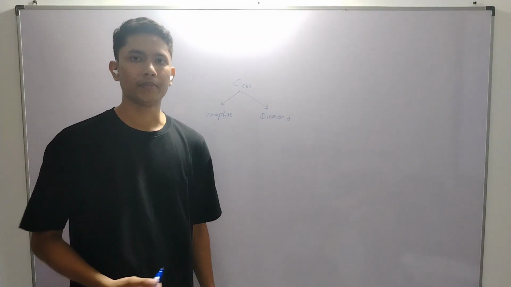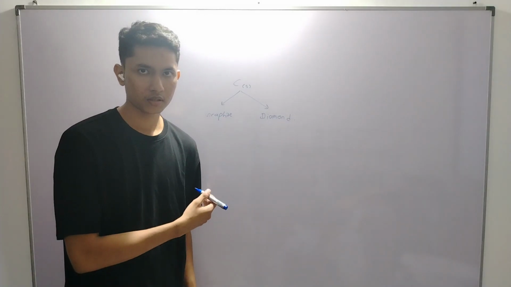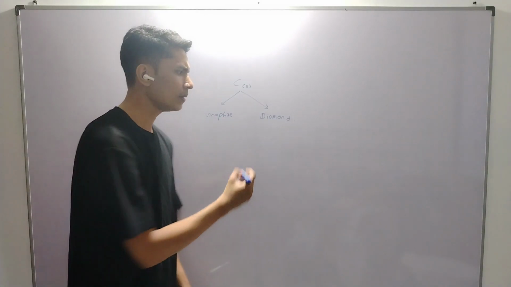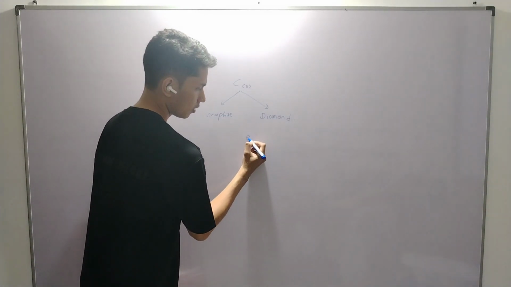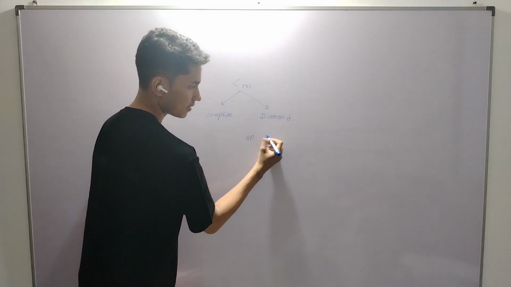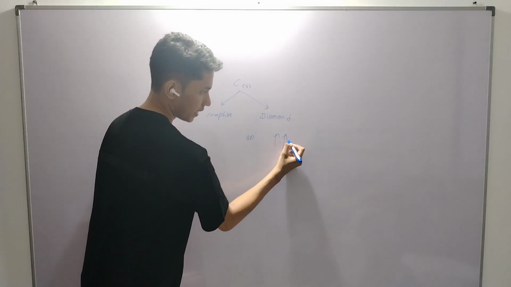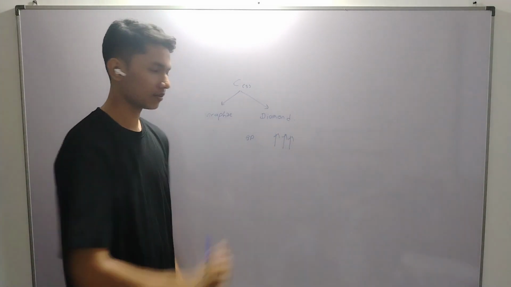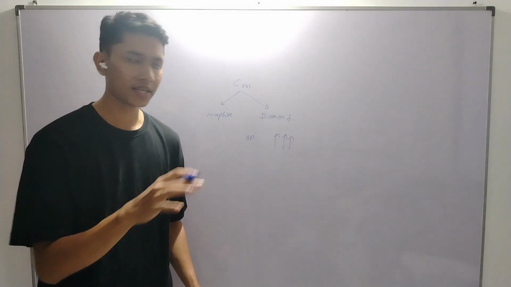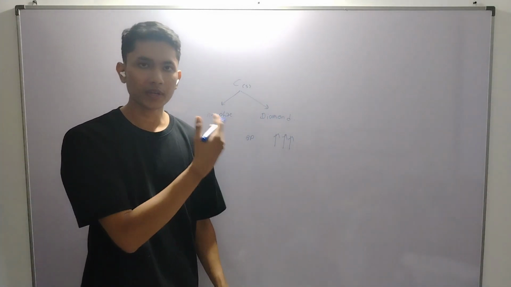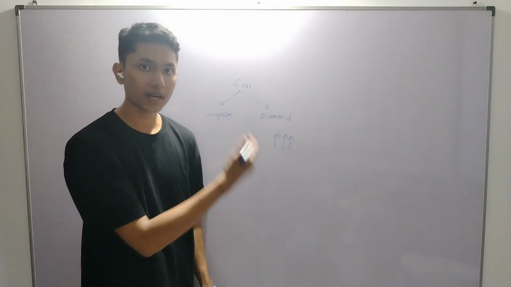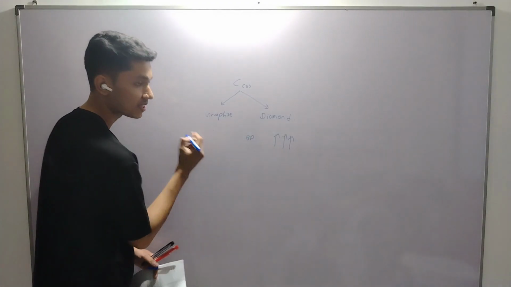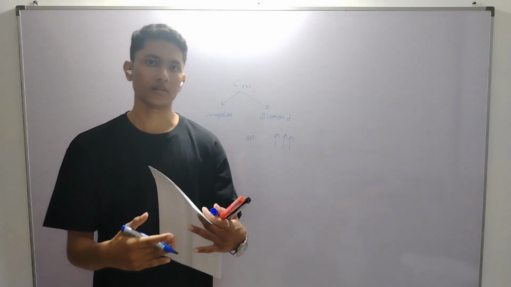In both of these compounds, there is carbon. But the boiling point of diamond is extremely high than graphite. Why? Because of the arrangement. Both of them have carbon, okay? Both of them have single bonded carbons between each other.